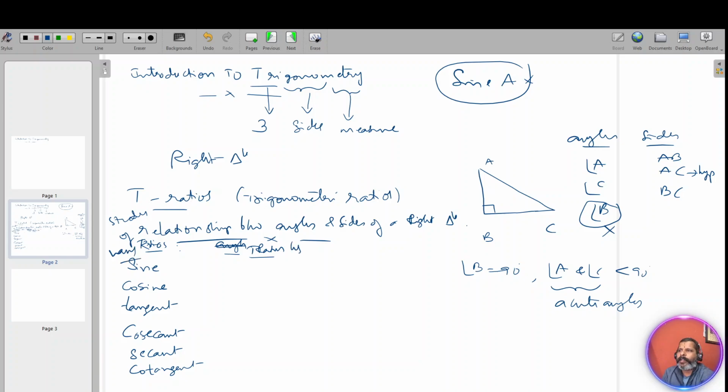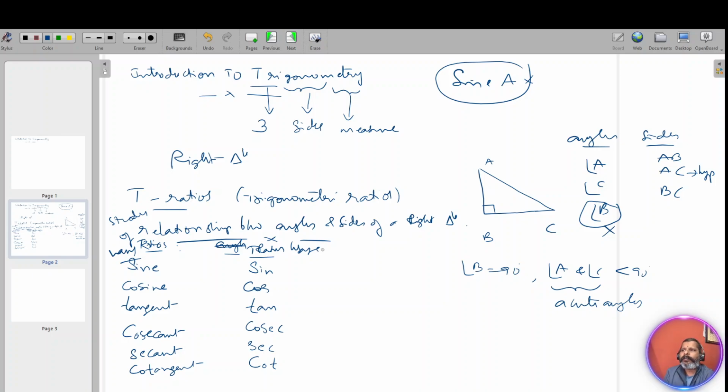The usage is: sine is sin, cosine is cos, tangent is tan, cosecant is cosec, secant is sec, cotangent is cot. Pay attention. Actual names are different, and the usage is different, as we do in our homes also. If the name of a person is Narayana, we call him Nani, right? The usage is different, but the actual names are different.